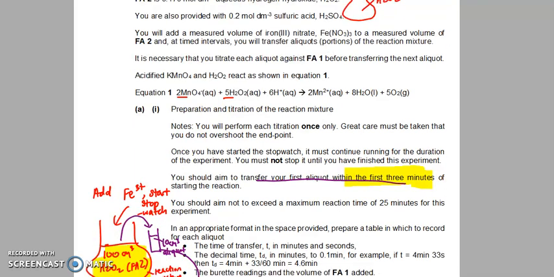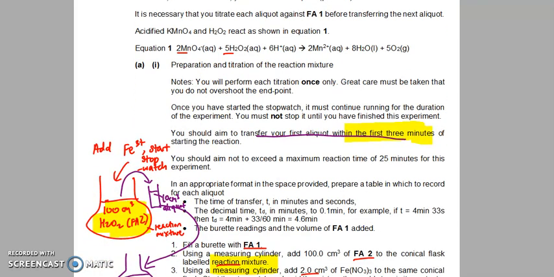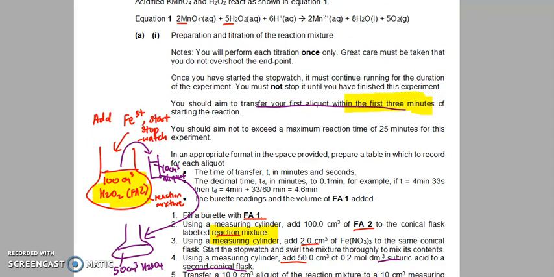Just to summarize, what is happening here is simply that you prepare 100 cm³ of FA2, your hydrogen peroxide, into a conical flask and label it reaction mixture. In step 2, you can see over here, reaction mixture. And at the point when you add 2 cm³ of iron 3+, that is your catalyst.